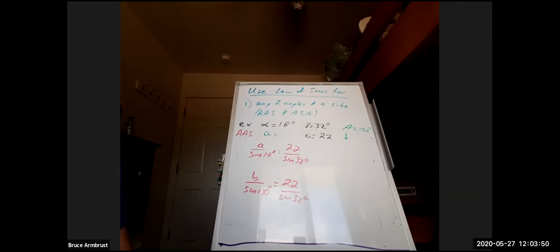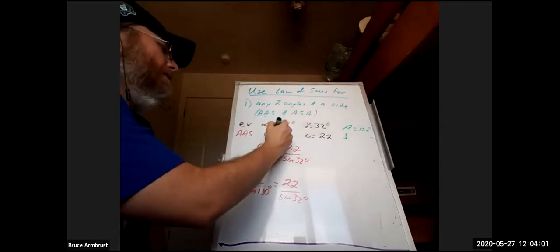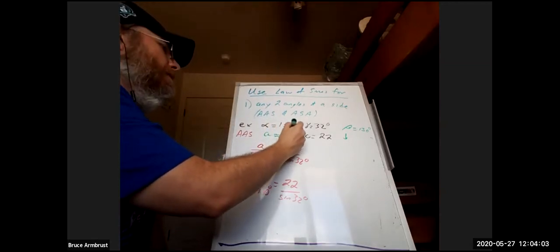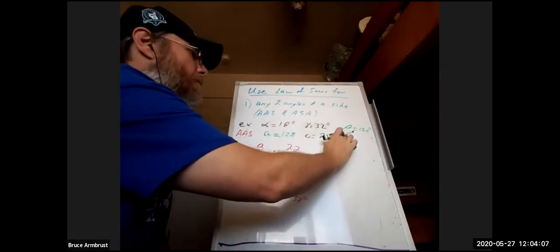Okay. Actually, while I was talking, I went ahead and did the calculations here. The numbers that you get for A and B: A is 12.8, and then B is around 31.8.